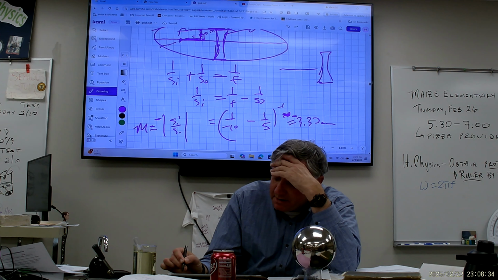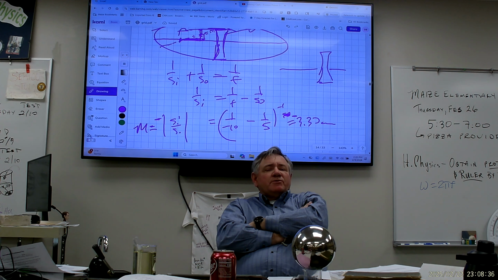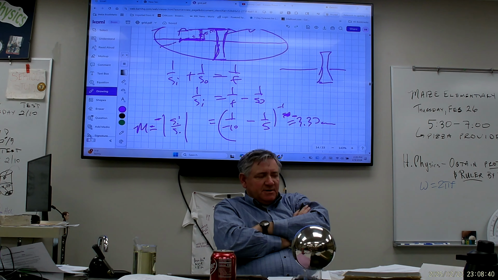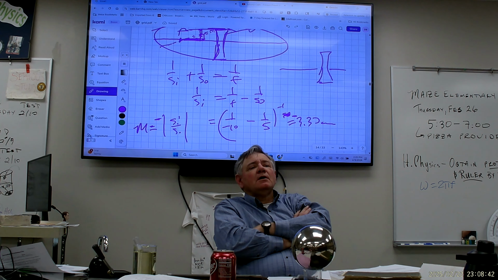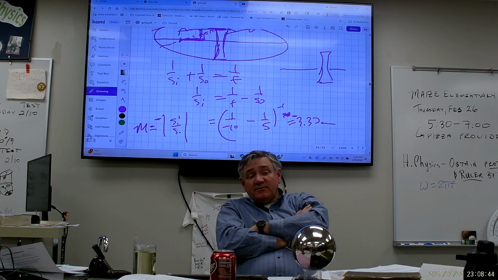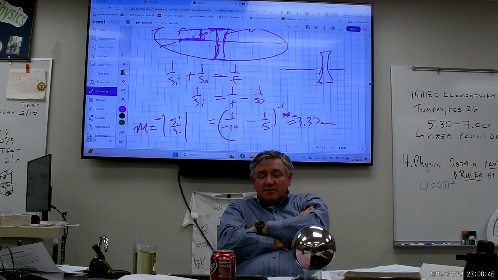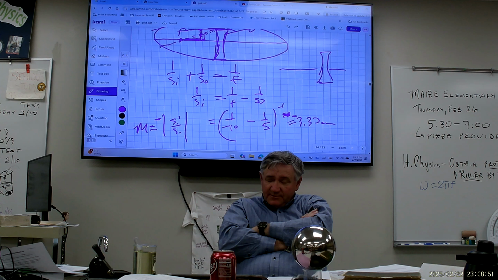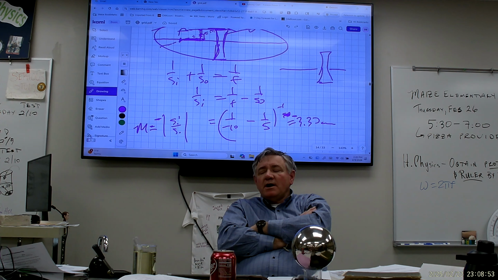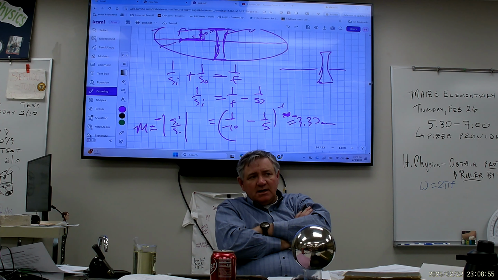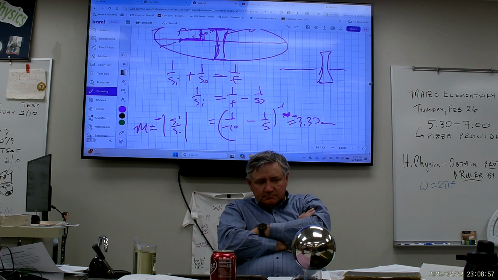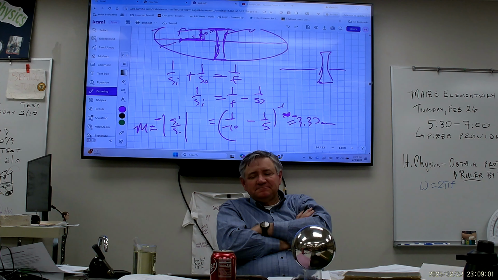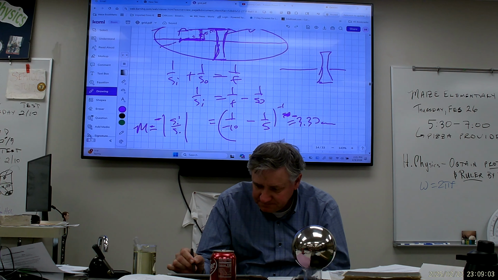What's one difference between concave mirrors and convex mirrors? Focal length is positive on concave mirrors, but negative on convex mirrors. So why are they positive on concave mirrors? Because the light is brought together.